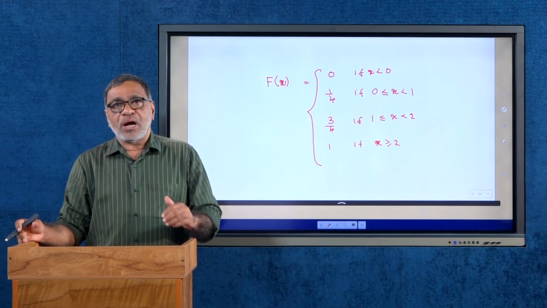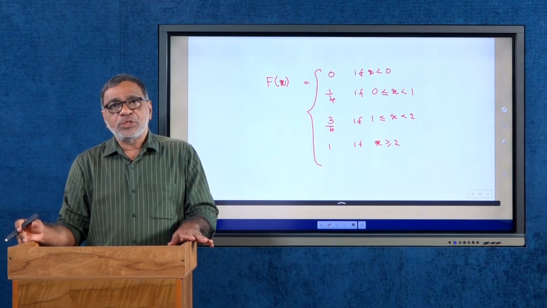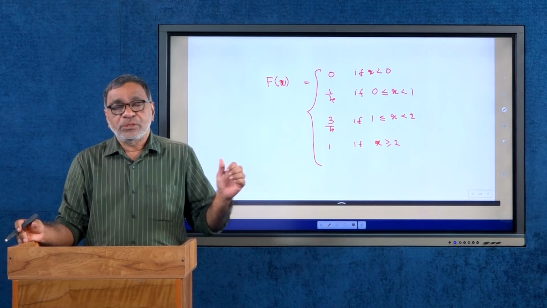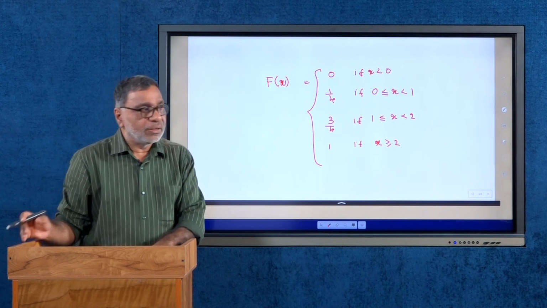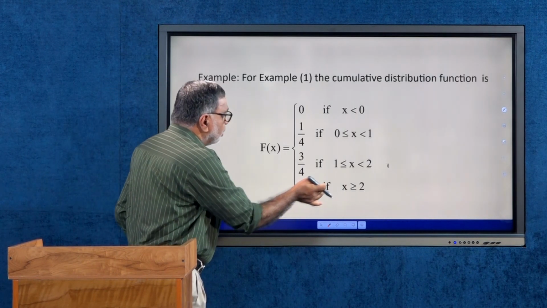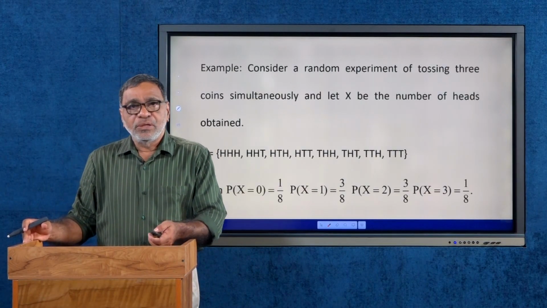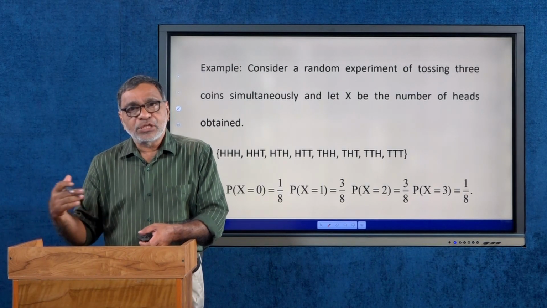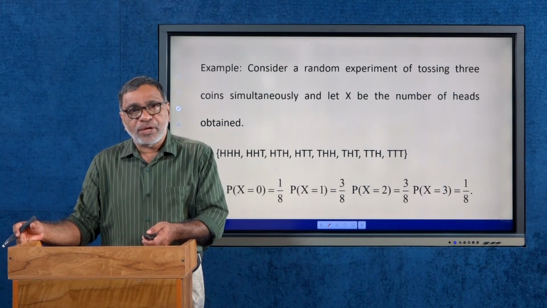So, when we are discussing a random variable X based on the sample space of a random experiment like tossing 2 coins, this is the probability distribution function. Similarly, we can find the distribution function of this case also. Consider the random experiment of tossing 3 coins simultaneously and X be the number of heads obtained.